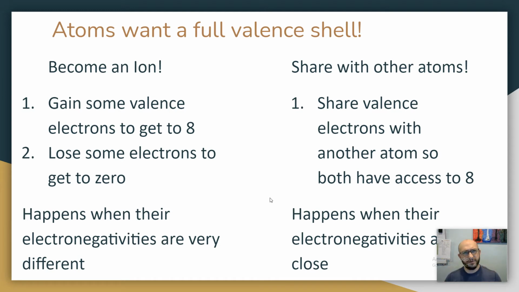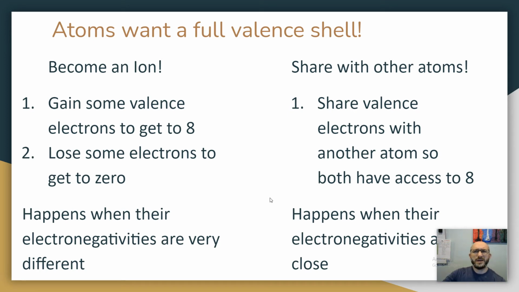And this happens when 2 atoms bump into each other, and their electronegativities are very, very different. All right, that's the new piece of information, but don't worry too much about it. We'll come back to it later. All you need to know is that when this atom has low electronegativity, but this atom has high electronegativity, and they bump, an electron is going to jump ship, and they're both going to become ions.